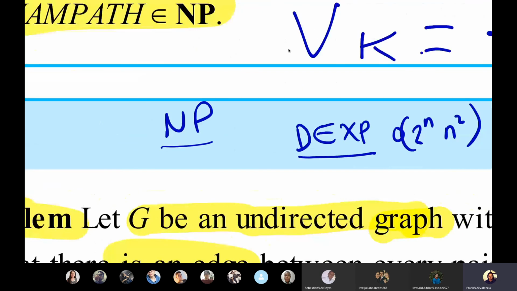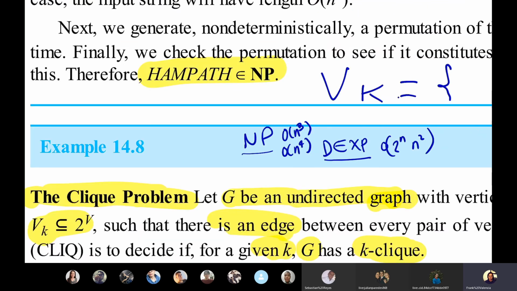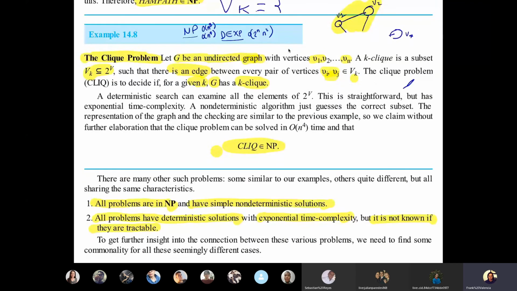To prove that this is NP, you can prove that you can do this in polynomial time: you generate and then you verify. So n cubed or even n to the 4, but still polynomial. Any questions here?